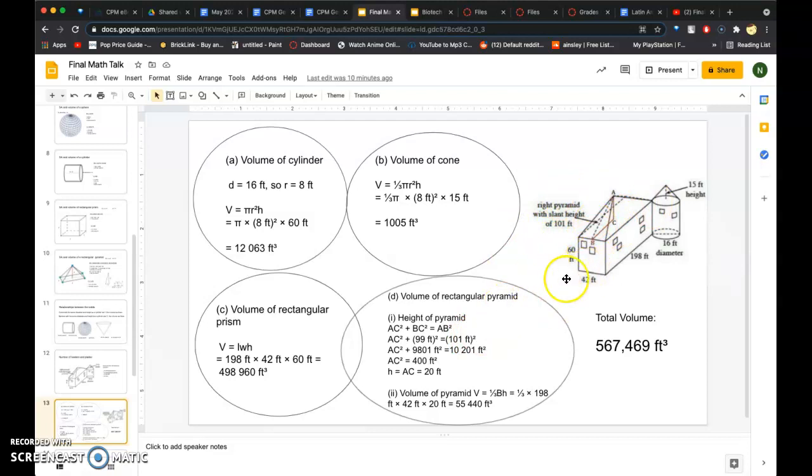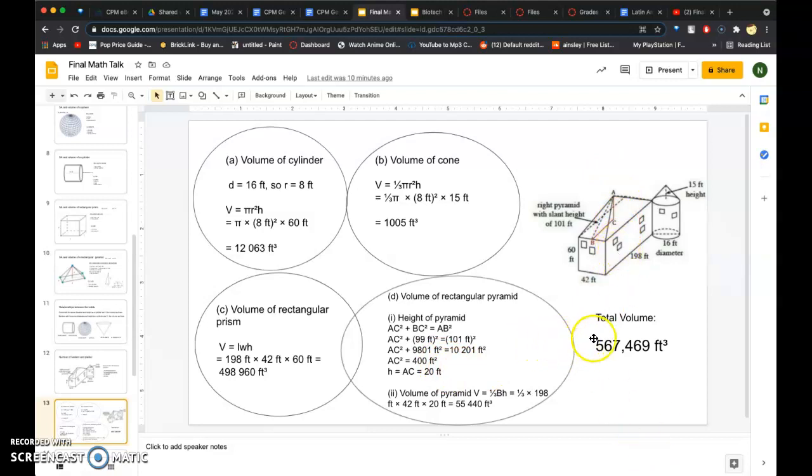So in this diagram, BC is 99 feet and BA is 101 feet. With the Pythagorean theorem, we can find AC squared, which is 400, and the square root of that is 20. So we know that the height is 20.